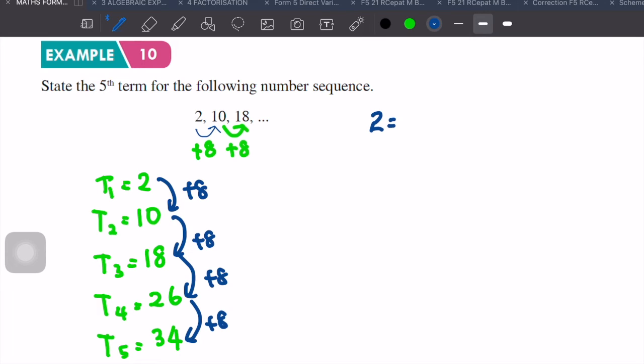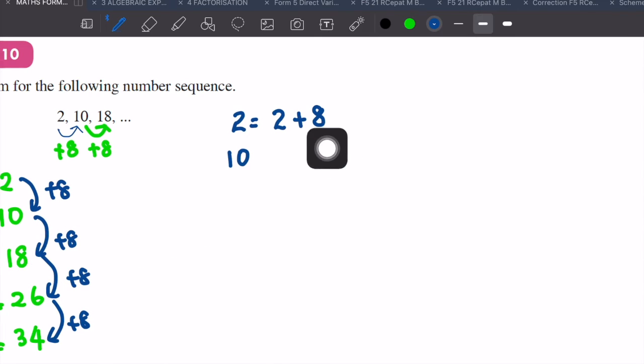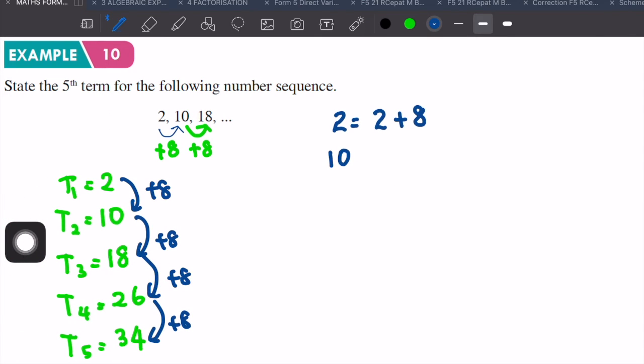In order to get the next number, 2 plus 8, you will get 10, right? So this part, you put times 0, just like the previous example. 8 times 0, 0 plus 2 is 2.